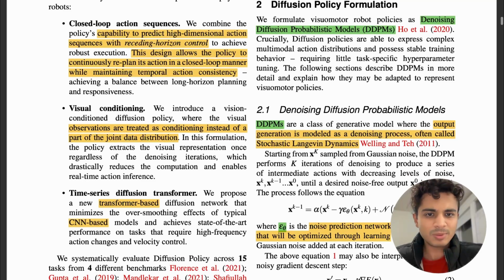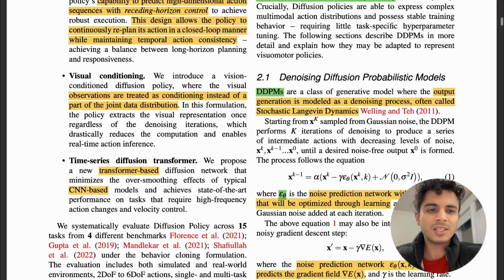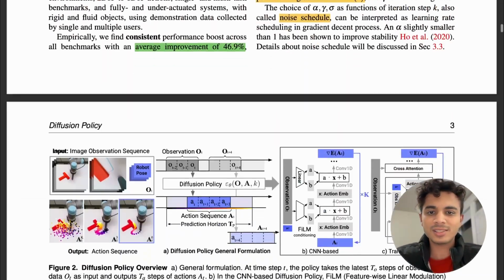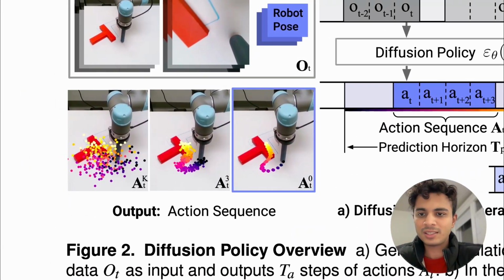Now, let's dive deeper into DDPMs, or denoising diffusion probabilistic models. Well, these are basically generative models where the output generation is modeled as a denoising process, often called stochastic Langevin dynamics. Fine. So, except for stochastic Langevin dynamics, the way I look into it is, okay, here it is. This photo is basically a Gaussian distribution, a noise distribution.